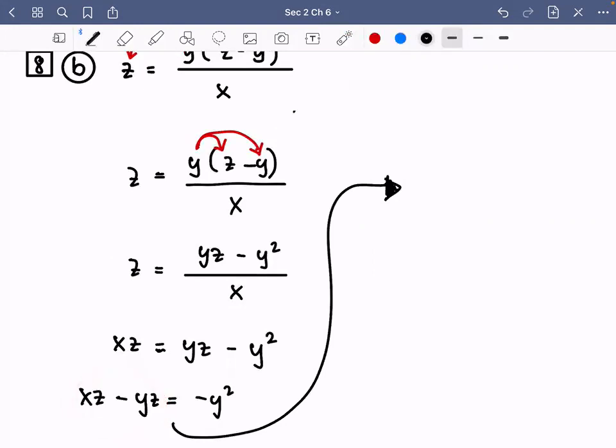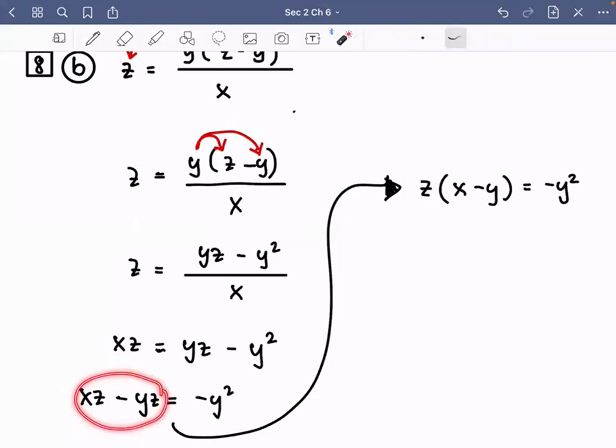So factoring that, I'll get z times (x minus y) equals negative y squared. Do you have any question on this one? This is the process: you factor out z from xz minus yz, and you should be getting this after you do that.